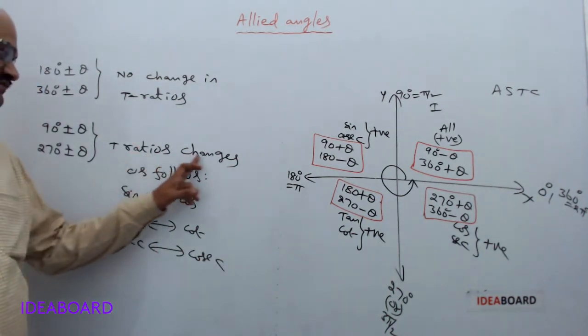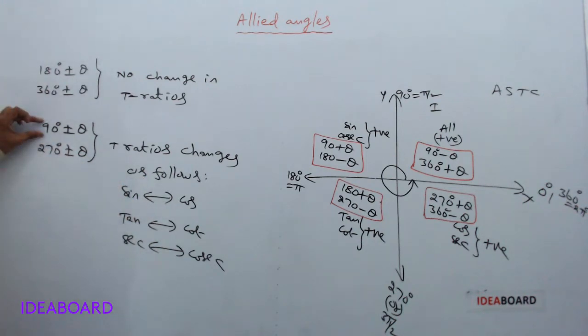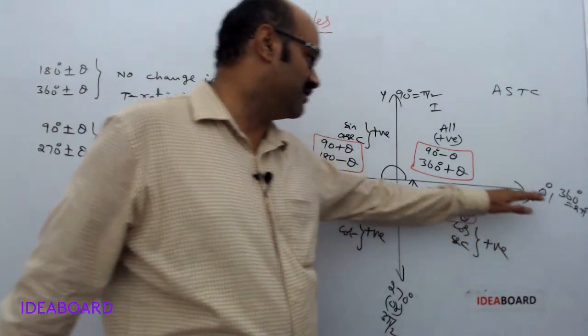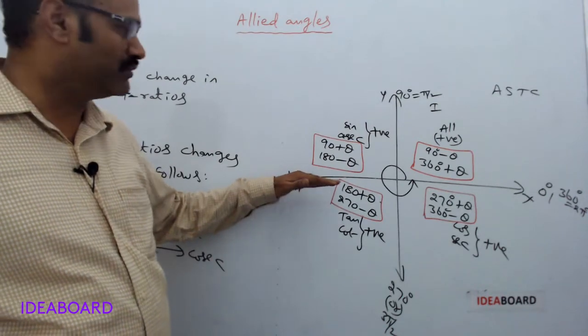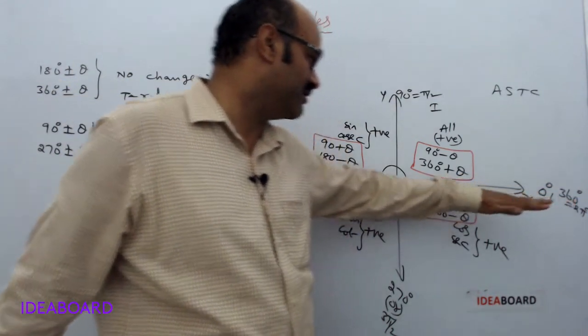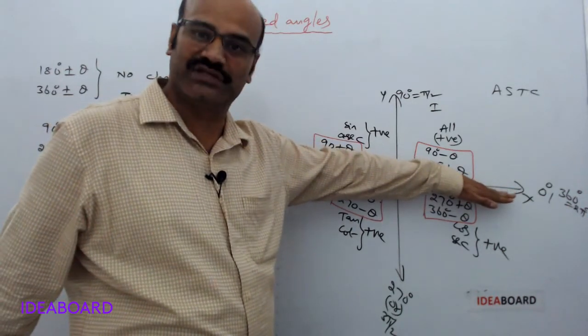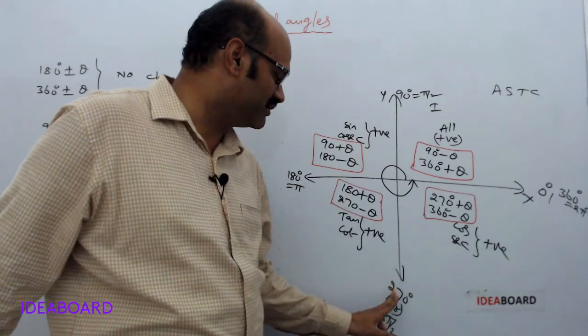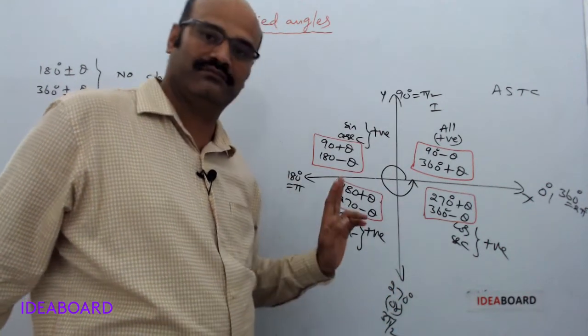So the T ratios will change whenever you have 90 degrees plus or minus theta, 270 degrees plus or minus theta. Now here 180 degrees and 360 degrees lie on the horizontal line. So you can remember it this way: since 180 and 360 degrees lie on the horizontal line, there is no change. 90 degrees and 270 degrees lie on the vertical line.